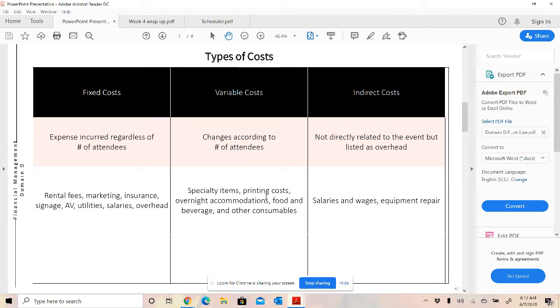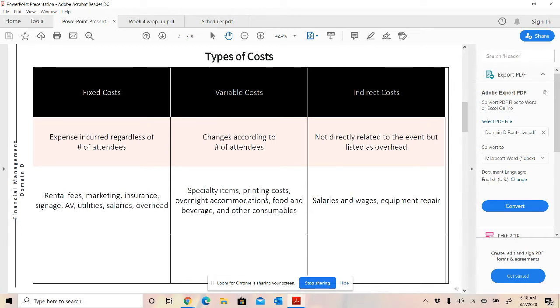Types of costs. So you really want to make sure that you know the difference between a fixed cost, a variable cost, and an indirect cost. Because when you're doing the formulas on the exam, it will not necessarily tell you what your fixed cost is. So you'd have to know when it says that, oh, the room rental fee is $500.